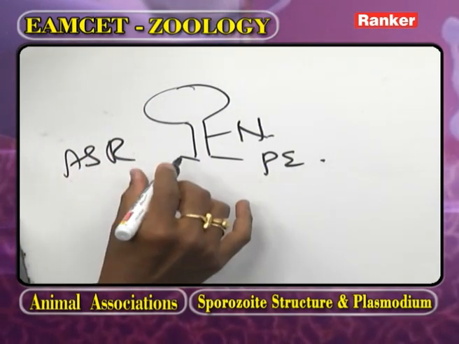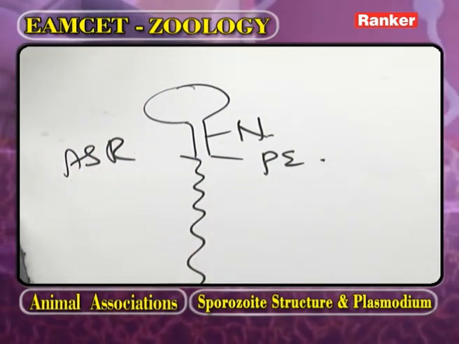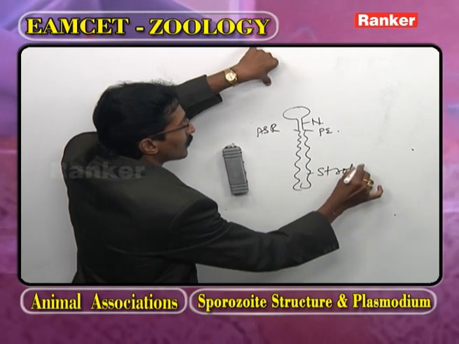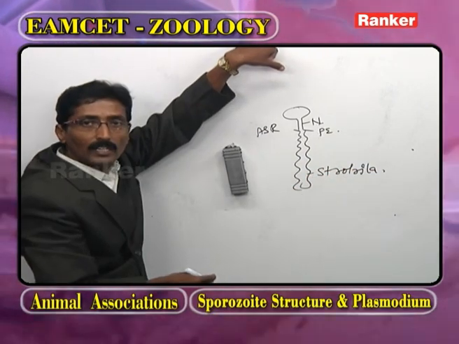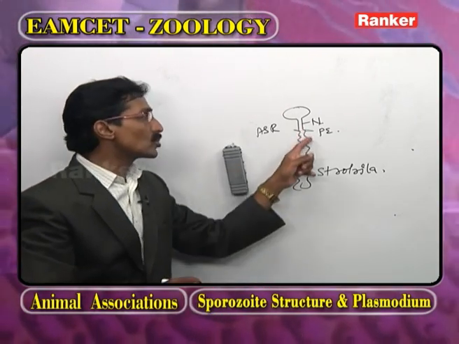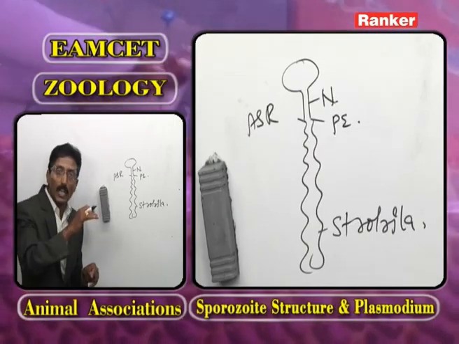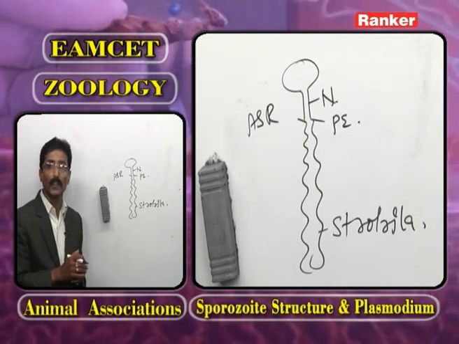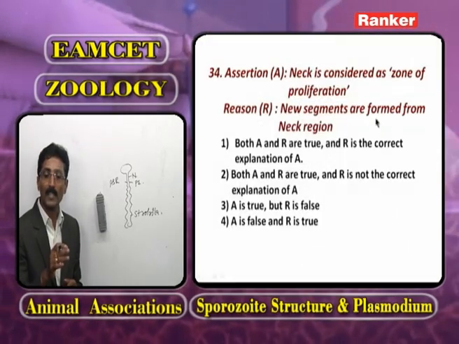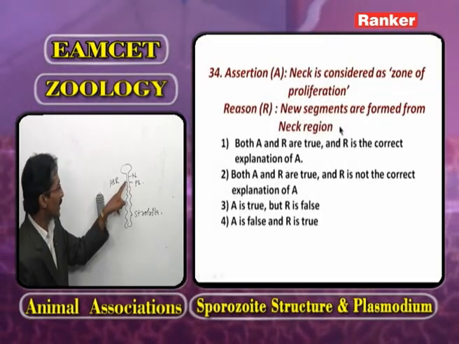With the help of asexual reproduction, the neck region gives rise to what type of part? That we call strobila. So the neck is considered as the zone of proliferation. The strobila is proliferated, so A is correct, or new segments are formed from the neck region.